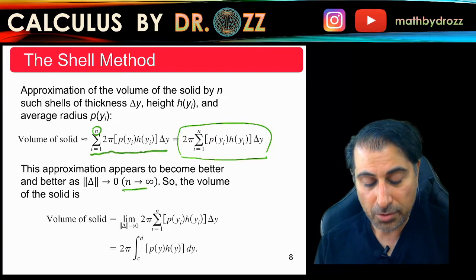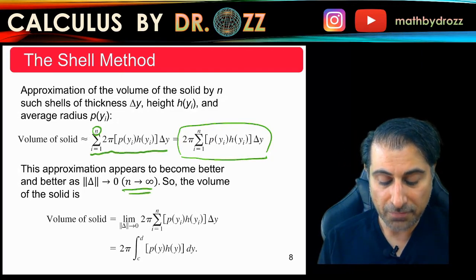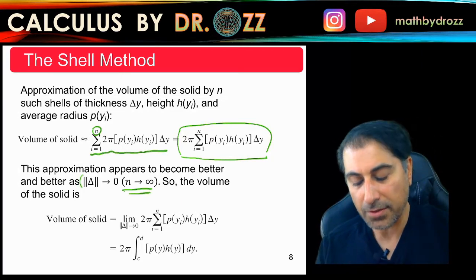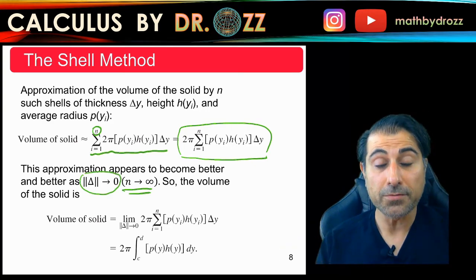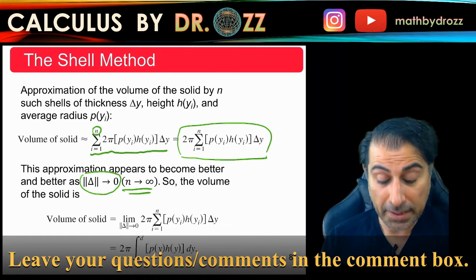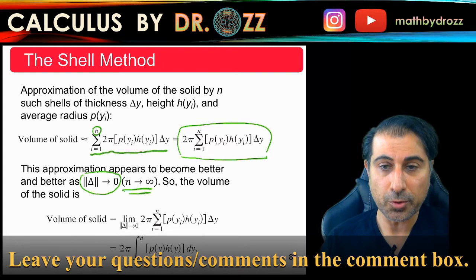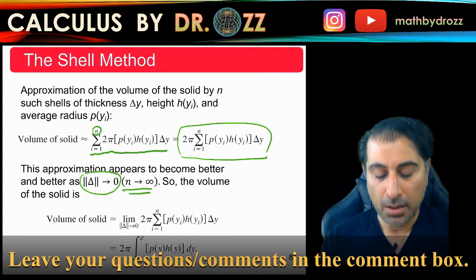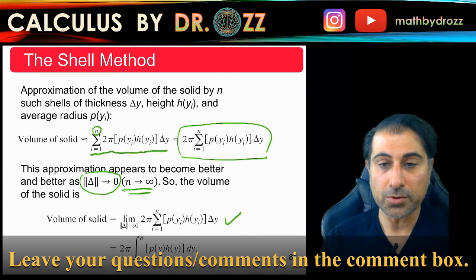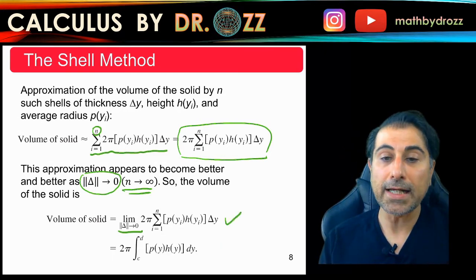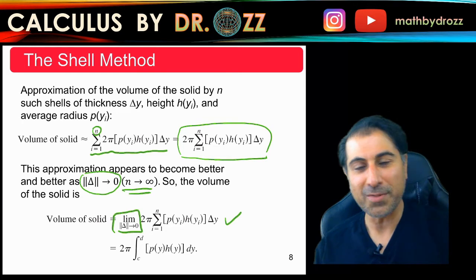And here we go. As n goes to infinity, that means the width of each rectangle is going to approach 0. In other words, the partition is going to approach 0. So the volume of the solid, this sum together with this limit, turns out to be an integration. We talked about that earlier.